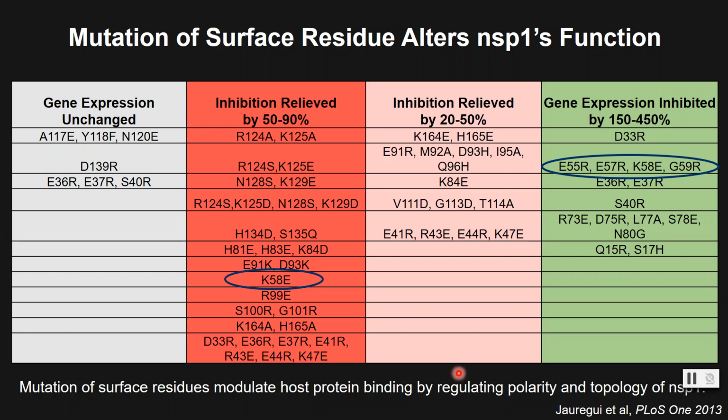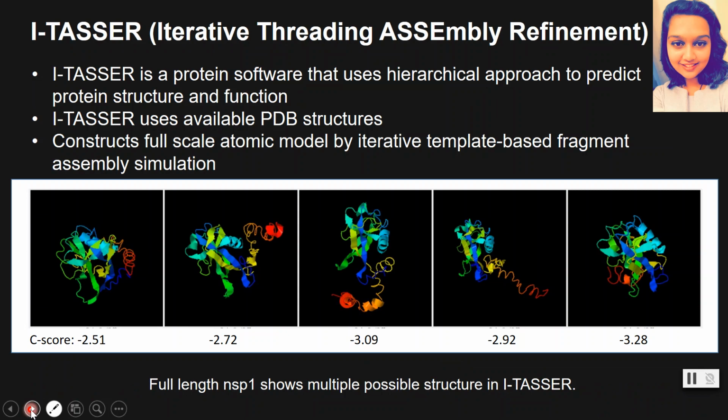So we wanted to identify if these mutations actually create any structural or topological changes on NSP1. So I collaborated with Dr. Homa Falafar at USC Columbia, and they started with iterative threading assembly refinement of NSP1.